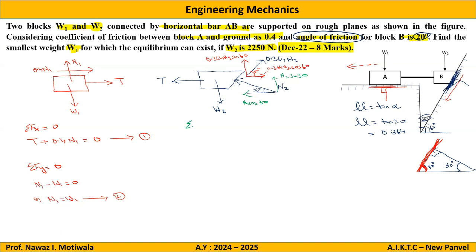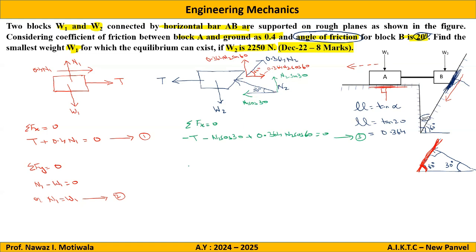Now I will write the conditions of equilibrium. First condition, that is summation of Fx should be 0. So I will get minus T minus N2 cos 30 plus 0.364 N2 cos 60 is equal to 0. Let this be equation number 3.